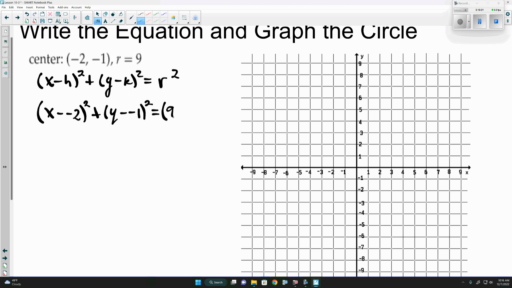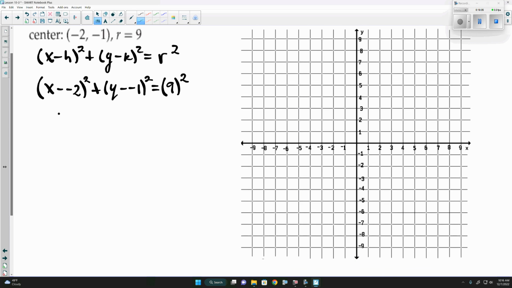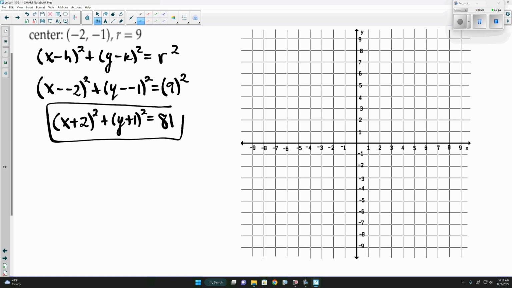So we can say it's equal to 9 squared. Really, we can simplify it a little bit and say x plus 2 squared plus y plus 1 squared is equal to 9 squared, which is 81. So that's the equation of the circle, yes?